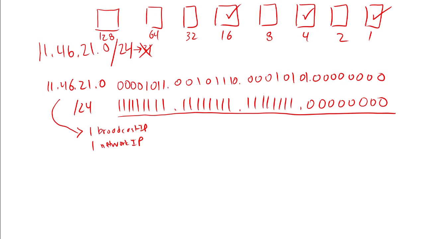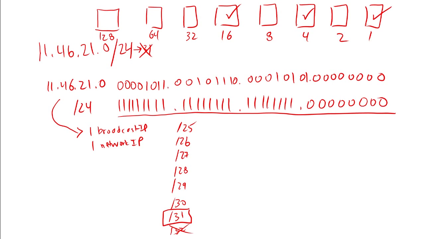We can split it into /25, /26, /27, /28, /29, /30, /31. You cannot make a /32 because then this would be all ones and the network would basically have no usable IPs. So if you had really small customers, you could pick a /31.